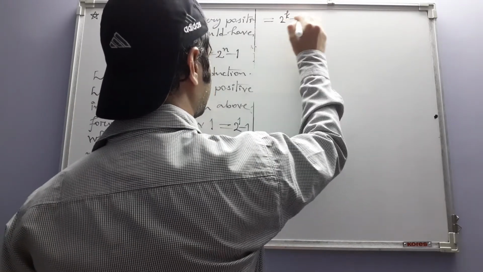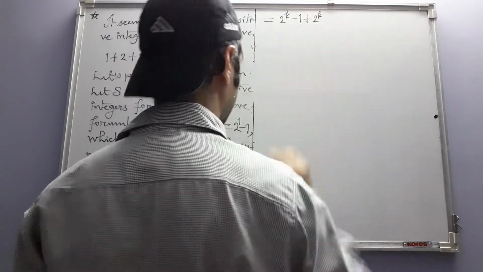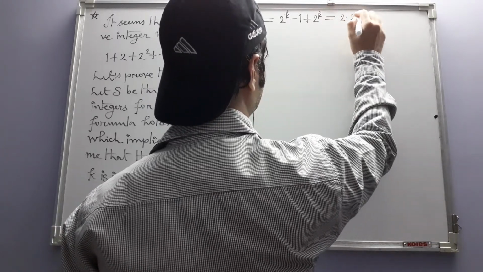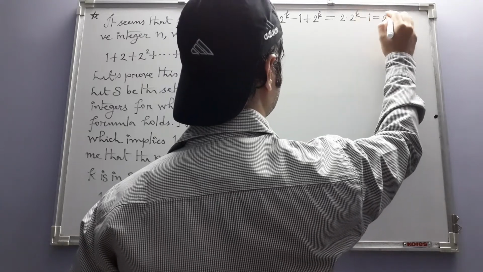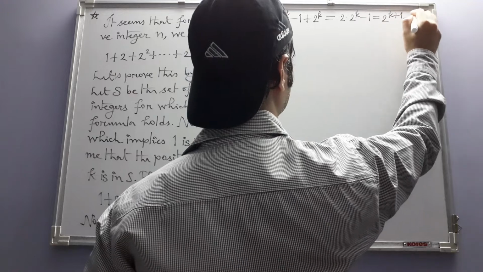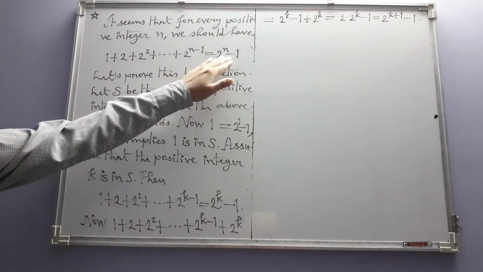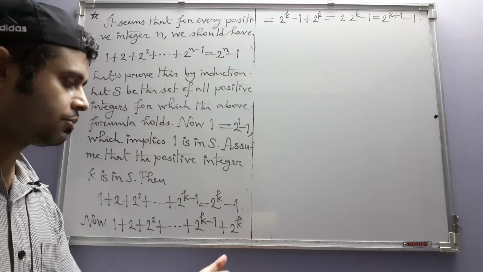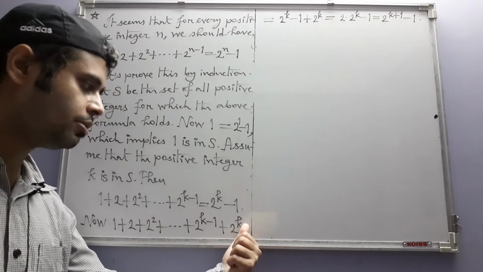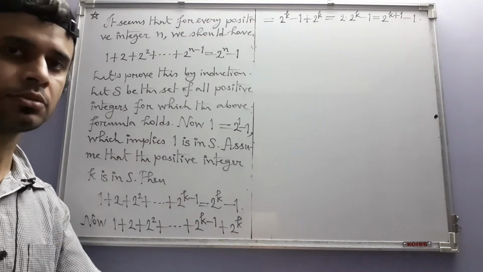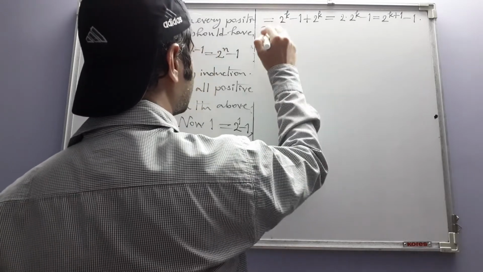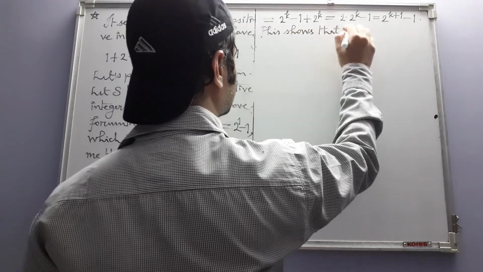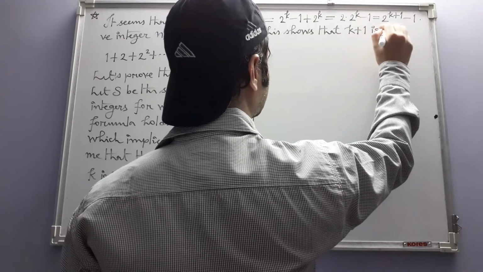So this is 2 to the power k minus 1 plus 2 to the power k, this one. So we have got 2 to the power k's. So 2 times 2 to the power k minus 1, which is 2 to the power k plus 1 minus 1, which you can see is just the formula that we guessed when we have k plus 1 in place of k. This is in S.